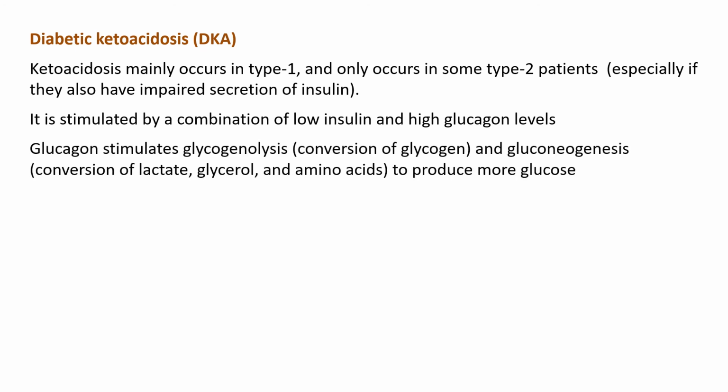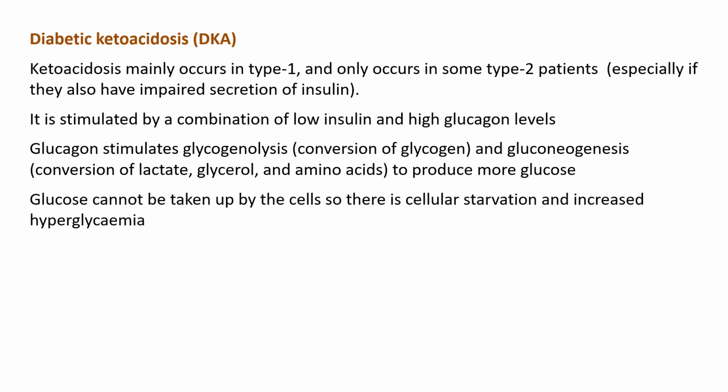Glucagon, of course, stimulates glycogenolysis, so the breakdown of glycogen to provide glucose, and gluconeogenesis. This is the conversion of lactate, glycerol, and amino acids to produce more glucose.